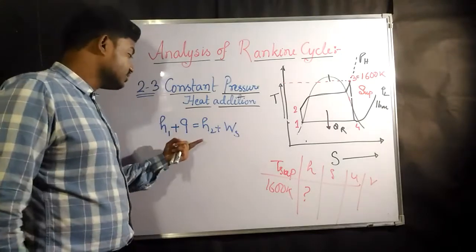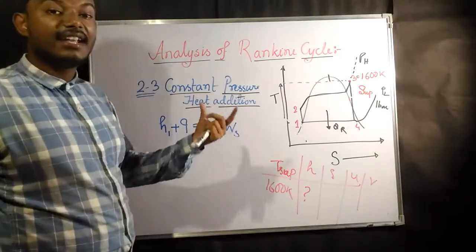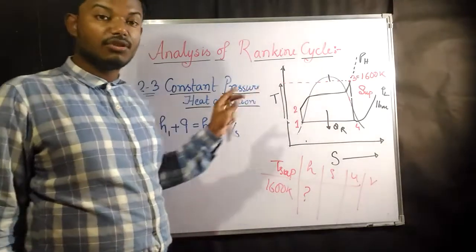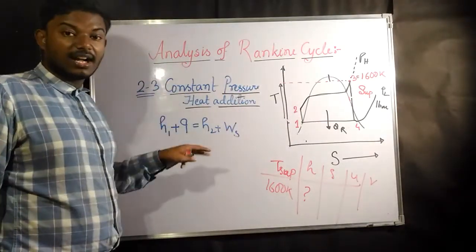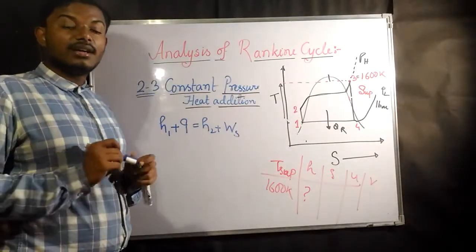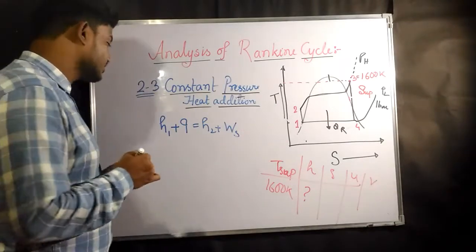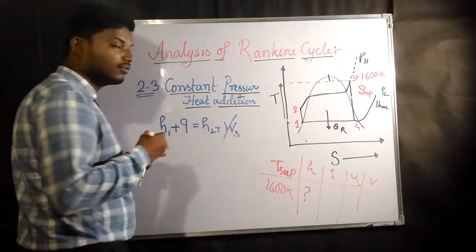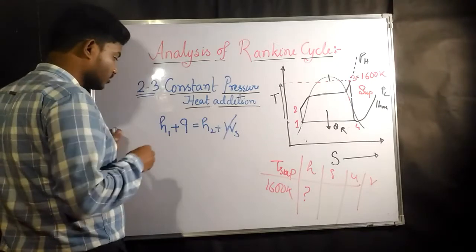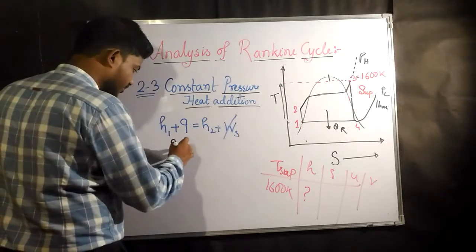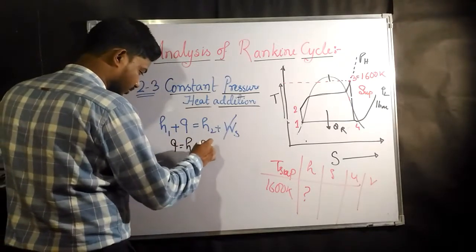Now this was the first law, neglecting the kinetic energy and potential energy changes. V square by 2 and Z1 G have been cut down because we are neglecting the potential energy and kinetic energy changes. So from here there is no shaft work. So what is the amount of heat that has been added? It is nothing but H2 minus H1.